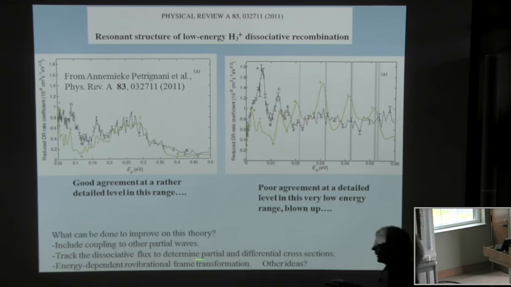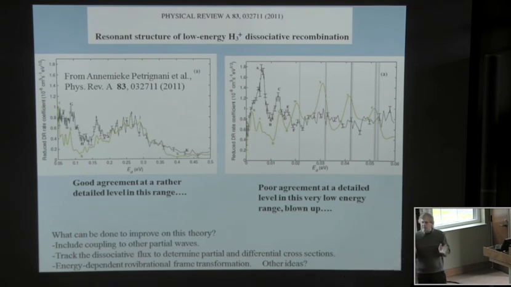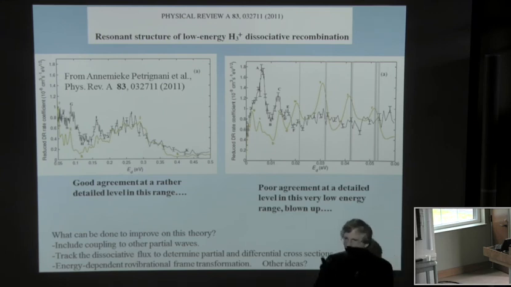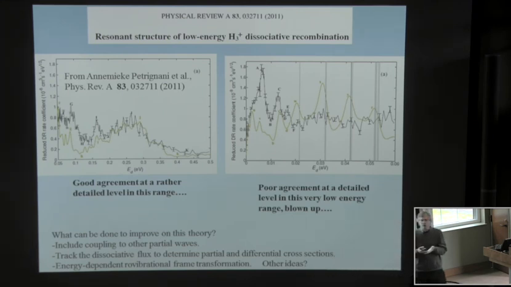Another issue I haven't talked about is this projection, where you take body frame information and convert it into lab frame scattering matrices. This does have one crucial point of uncertainty, which is that when you do the body fixed calculation, you use a body frame energy. Now, body frame energies are not the same as the scattering energies.